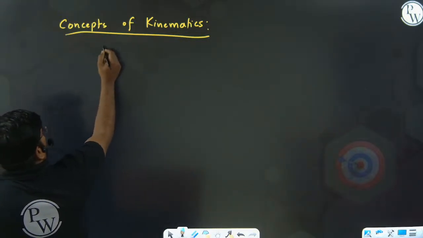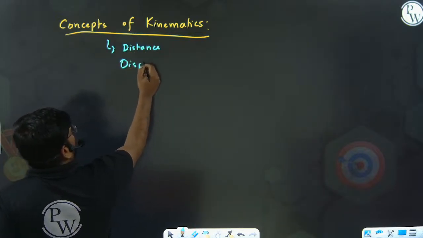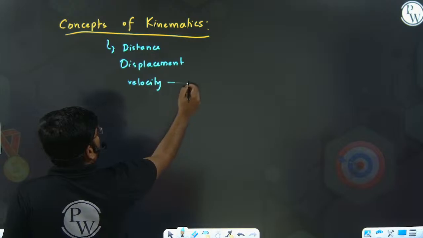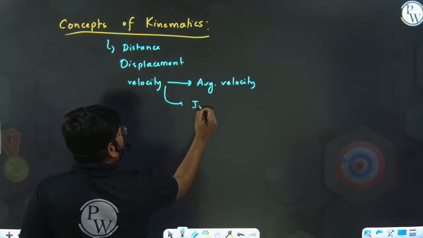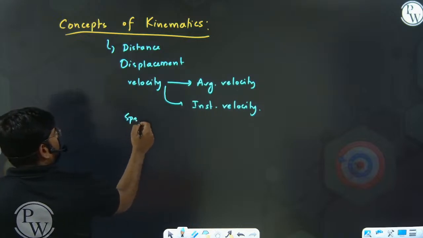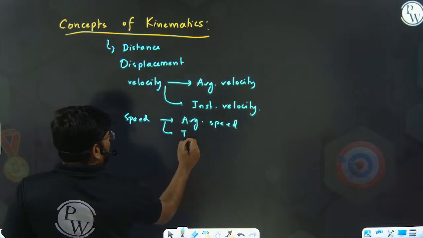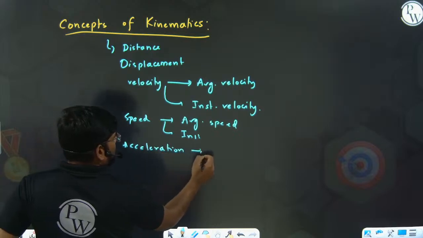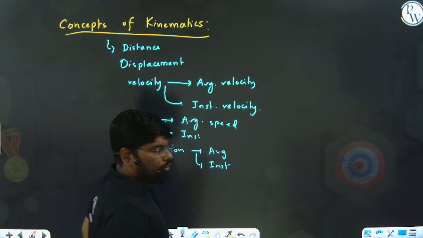It deals with terms like distance, displacement, velocity, including average velocity and instantaneous velocity, speed, average speed, instantaneous speed, and finally acceleration, both average acceleration and instantaneous acceleration. If you know the definitions, it's halfway done.